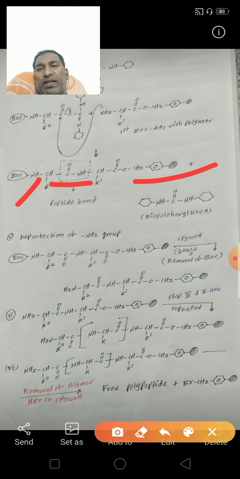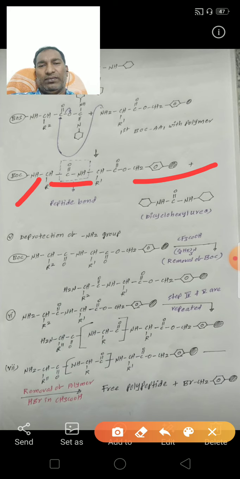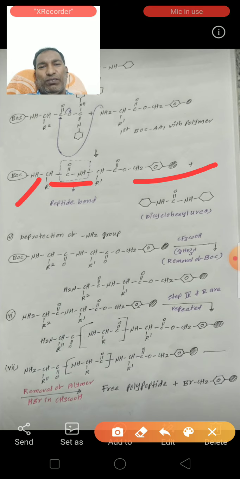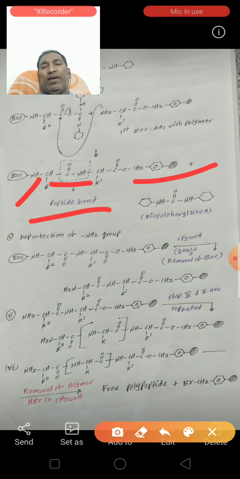So see here, next point, deprotection of the NH2 group. So this N and COOH group protected peptide compound is treated with trifluoroacetic acid in the presence of triethylamine. So removal of BOC from this group, and then forms a free NH2 group.